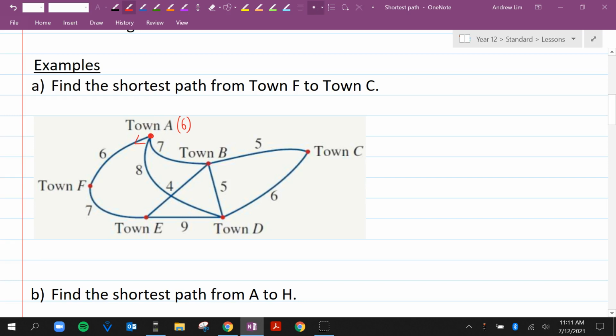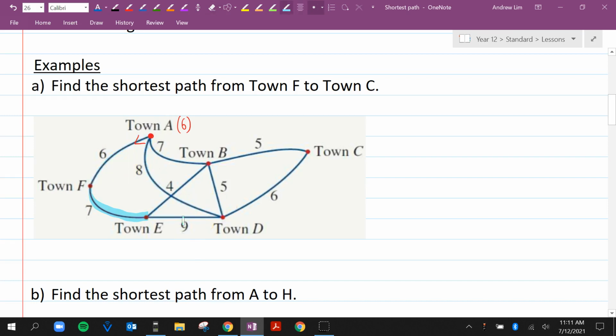Okay, so at the moment Town A has the lowest weight of 6. For Town E, I can get to Town E via 3 ways as well. From here, and from here. But what's the lowest weight? I can go from Town F to Town E in 7. Or I can go this way, 6 plus 8 plus 9, which is more than 7.